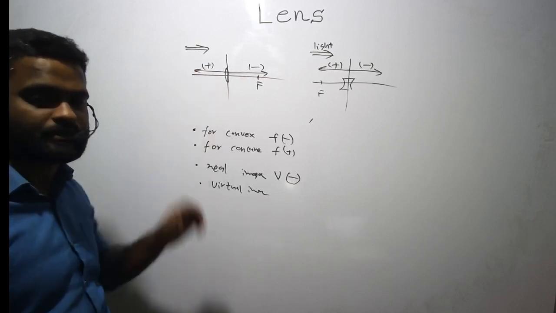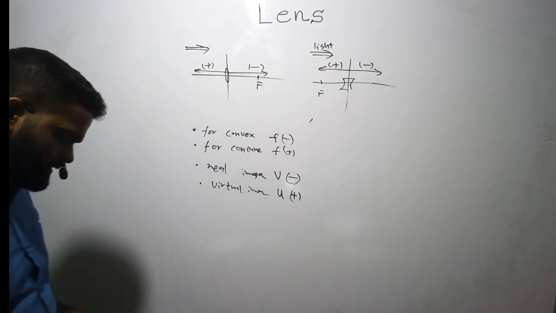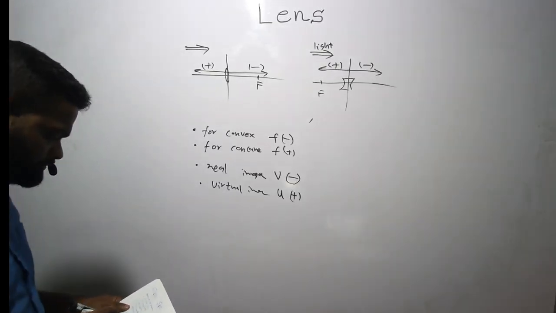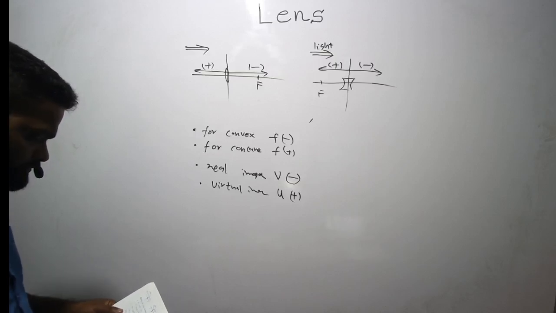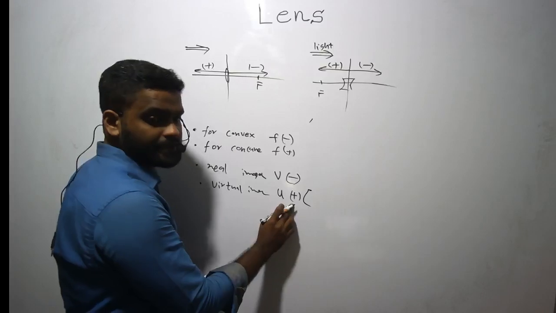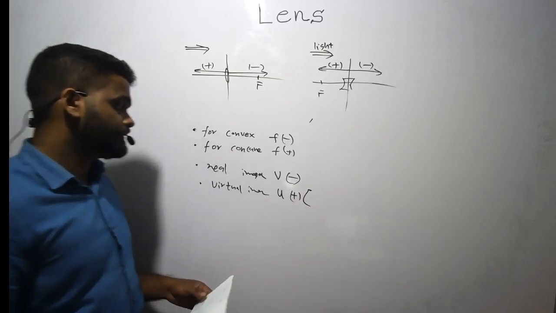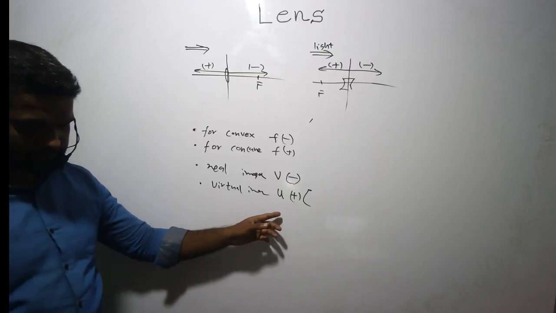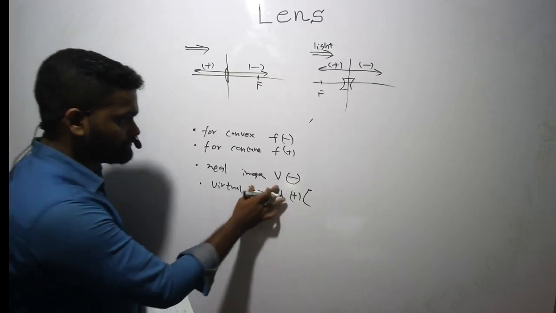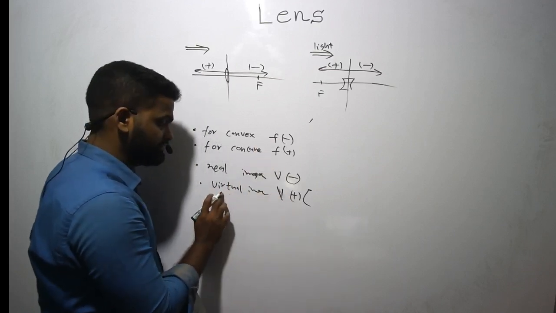So it is positive, V positive. Here within brackets write down, sorry, virtual image, image distance, it is V, not U. Still we are talking about image.